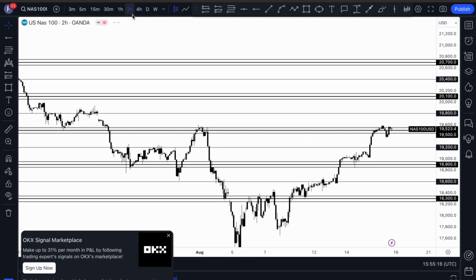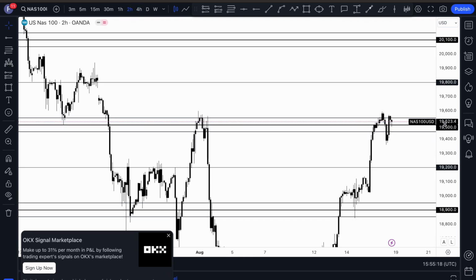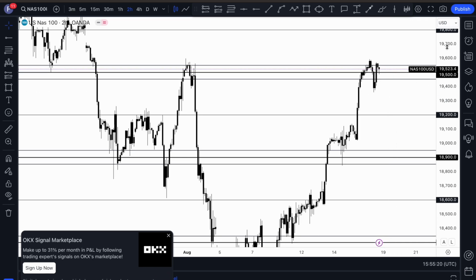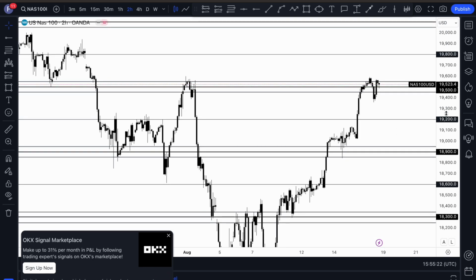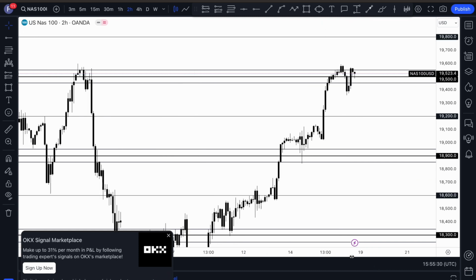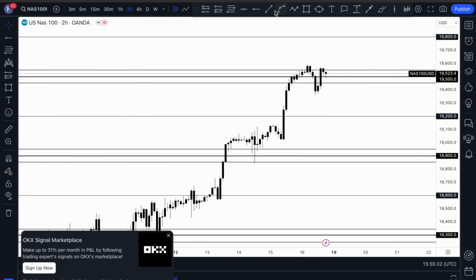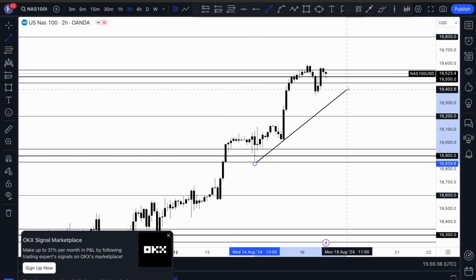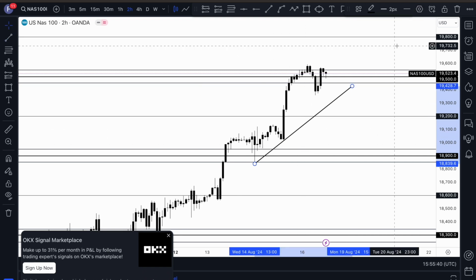So I'm going to go to the 2-hour time frame and just see if I can see what's happening. So for me to say, okay, this is a definite sell, I'll also use my trend line as a reference for me to enter the market.